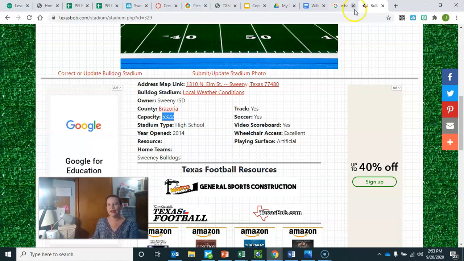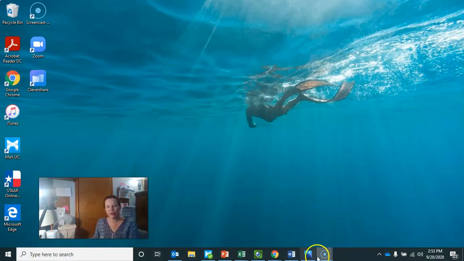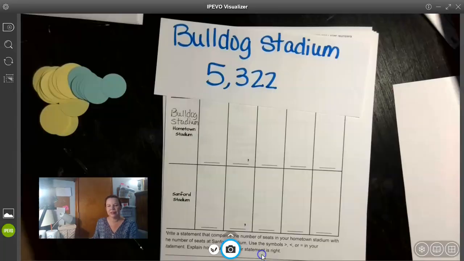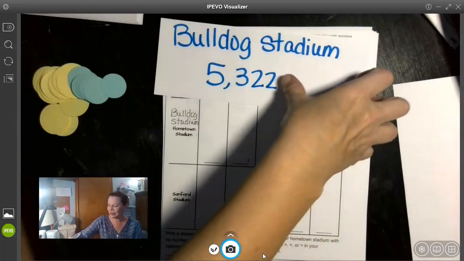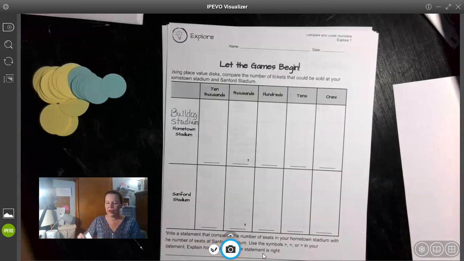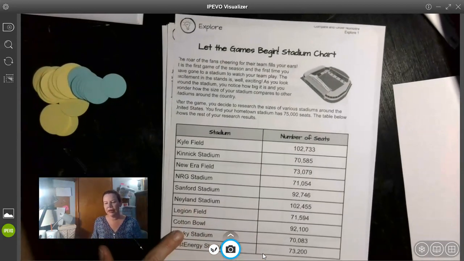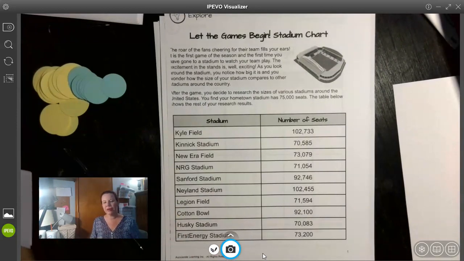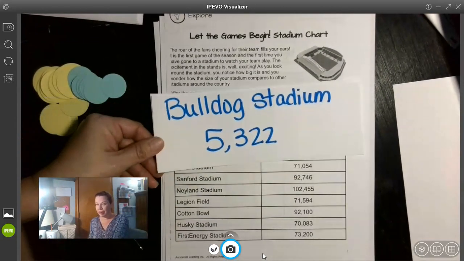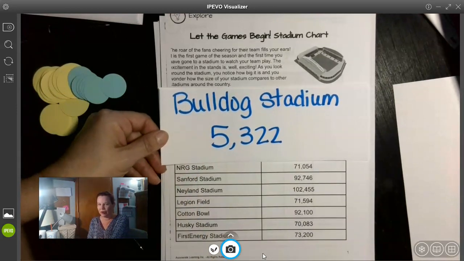Okay. Now, what are we going to do with that information? Let's look. All right, so we have a bunch of different stadiums, tons, and we're going to compare them with each other, and we're also going to compare with Bulldog Stadium, all right?